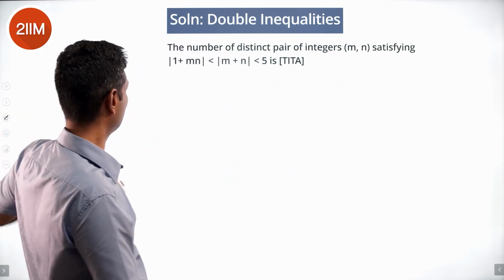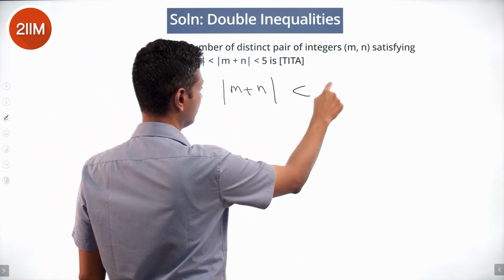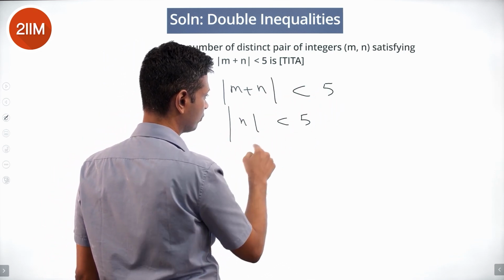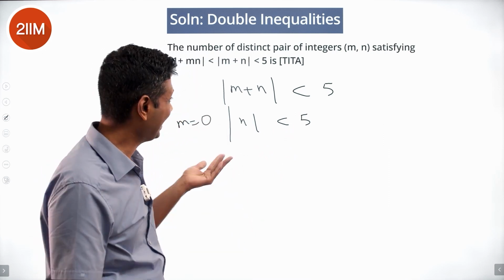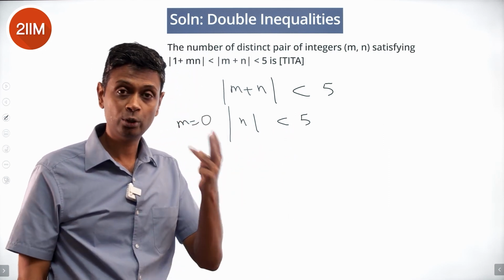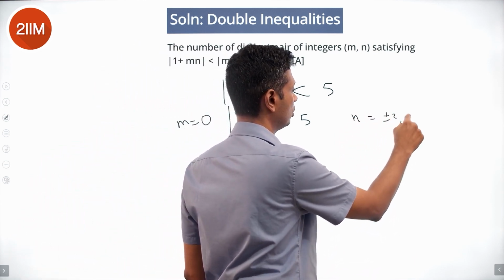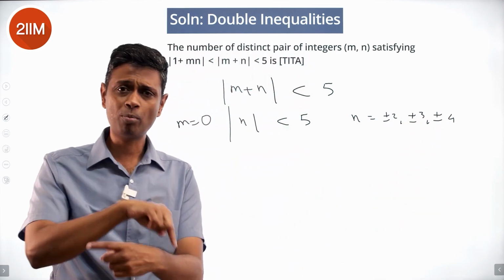So let's attack that. Modulus of m plus n less than 5. If m is 0, mod n less than 5. When m is 0, mod n less than 5, n has to be greater than 1, be 2, 3, 4. N could be plus or minus 2, plus or minus 3, plus or minus 4. Exact opposite.